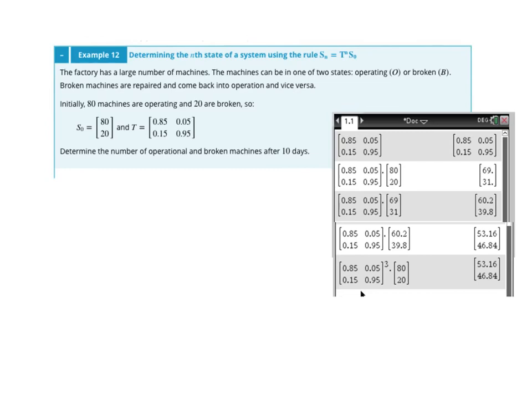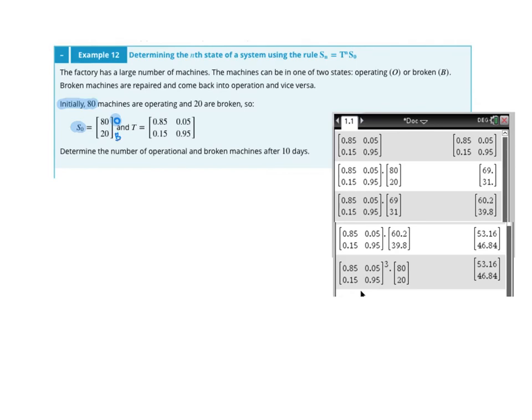So here, a factory has a large number of machines. The machines can be in one of two states, operating or broken. Broken machines are repaired and come back into operation and vice versa. So here they say initially, so they're helping you set up the S0. Initially there were 18 machines operating. So because they've said operating first, that must be operating and this must be broken.